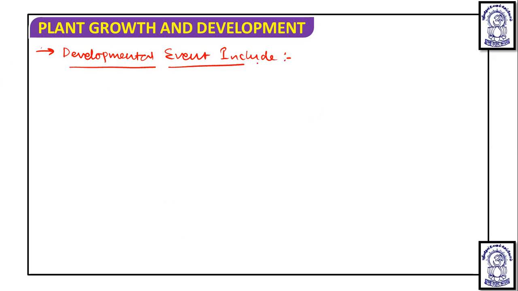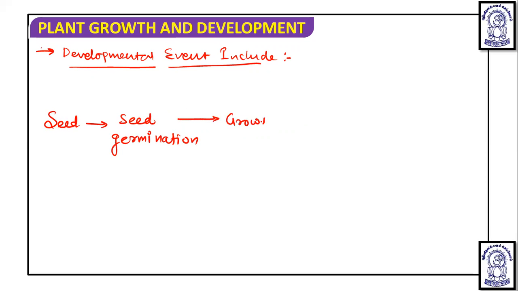So this developmental event includes, in case of an organism, initially a seed, then the seed undergoes germination, so we call it seed germination.